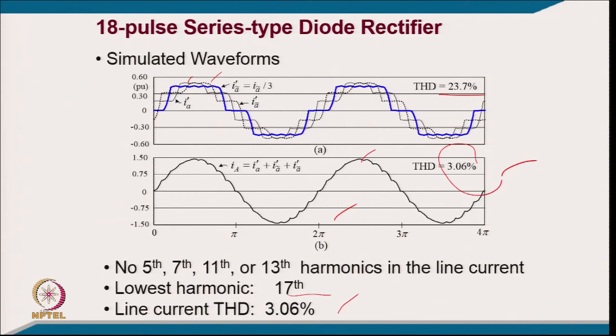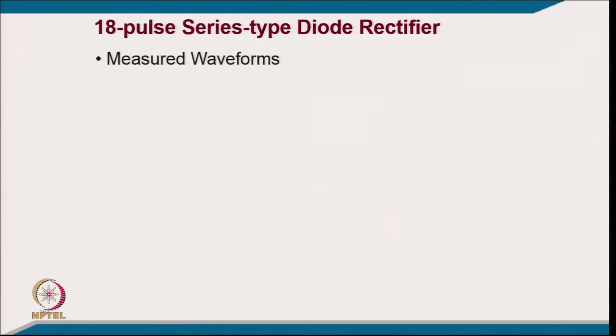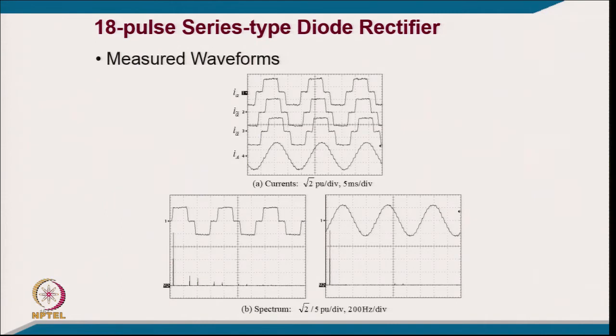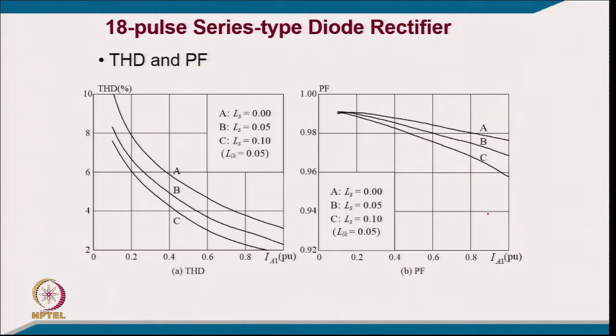The measured waveform is available: one 6 pulse, another 6 pulse, another 6 pulse with a phase shift of 20 degrees from one to another, and how the total current comes out that way. This is for 6 pulse and this is for 18 pulse, experimentally observed.